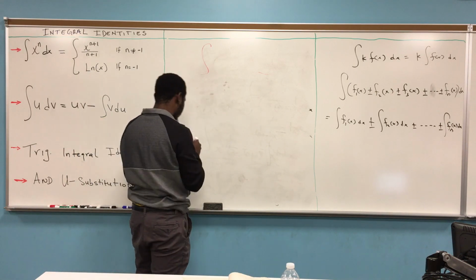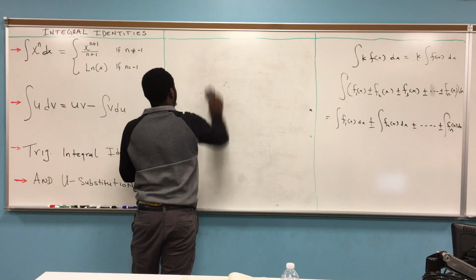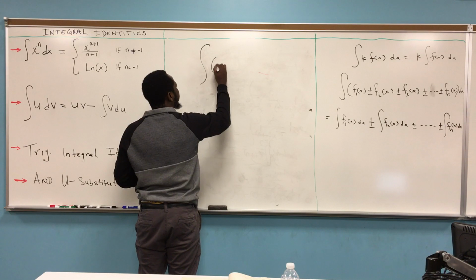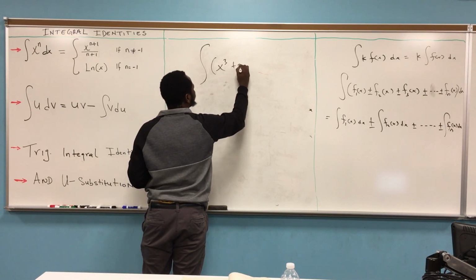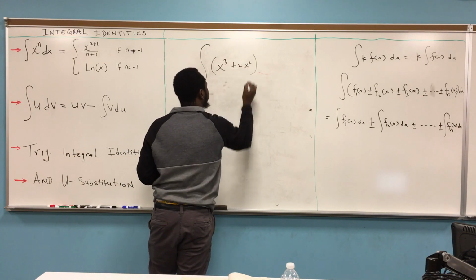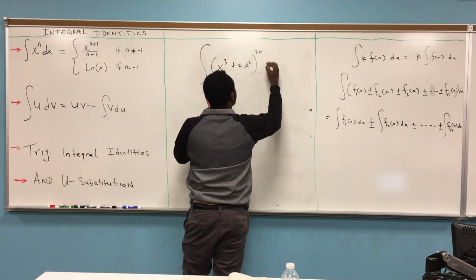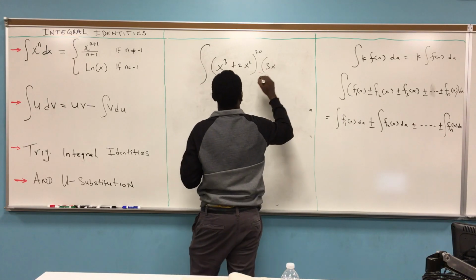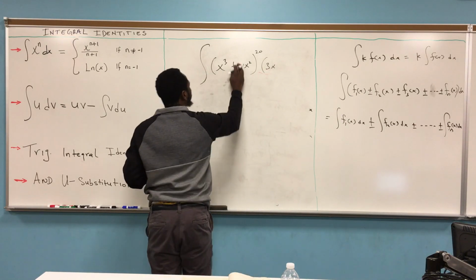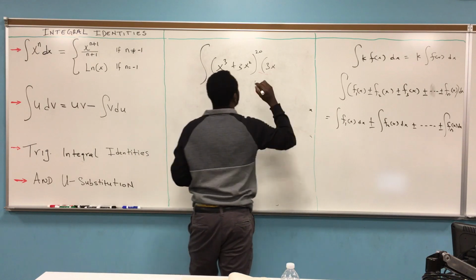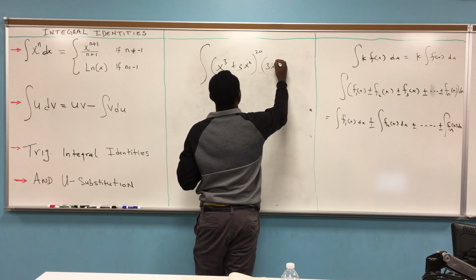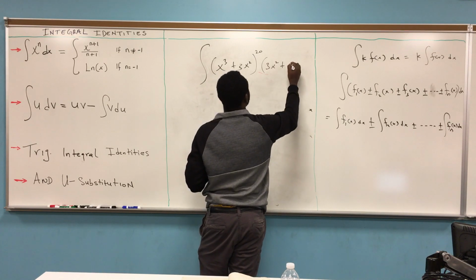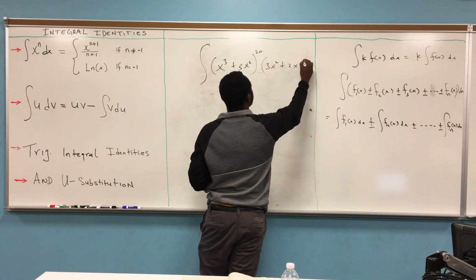Let's assume you have the integral of x to the third plus 2x squared, to the power of 20, multiplied by 3x. I want to make it attractive, so let me make this third. 3x squared plus 2x.